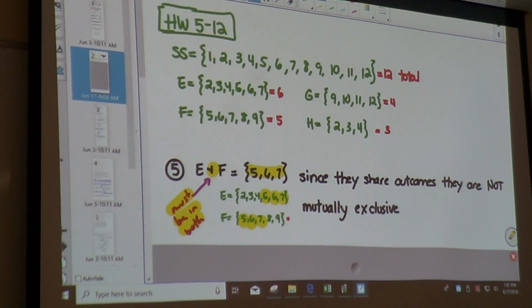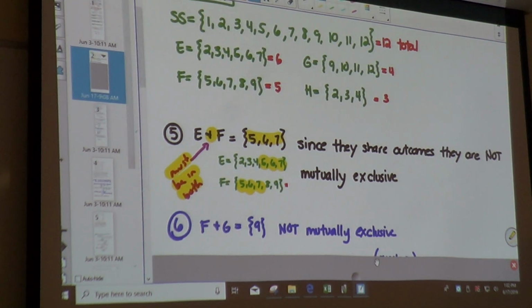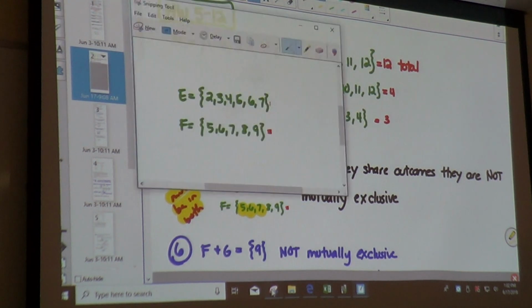All right, my next one. F and G. What is going to be my answer for F and G? It's got to be in F and it's got to be in G. 8. No, 7.